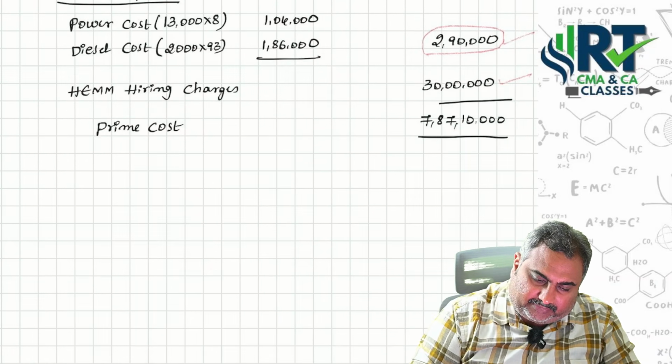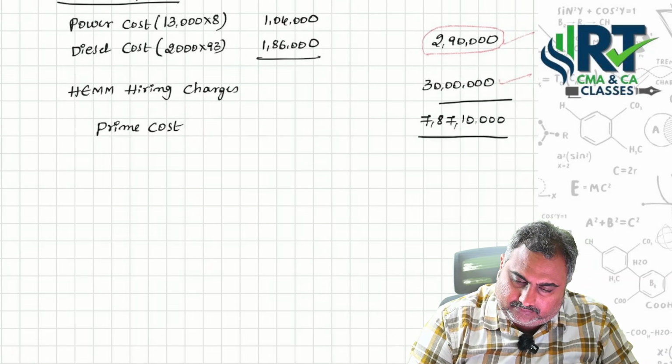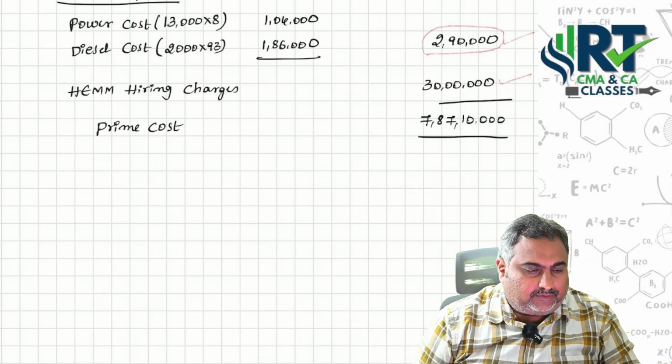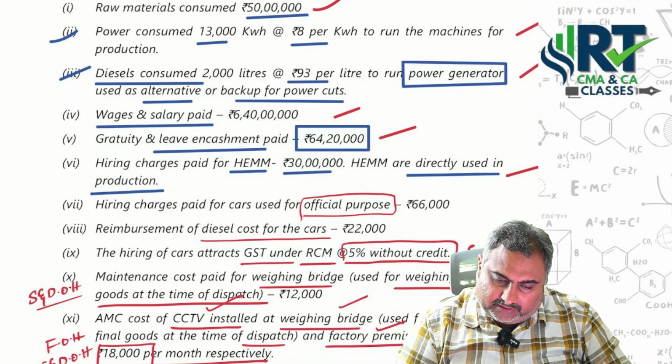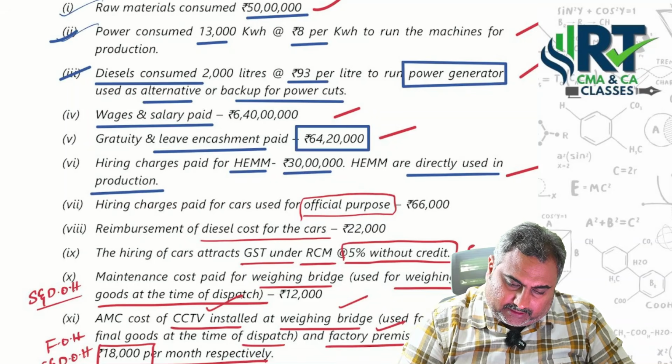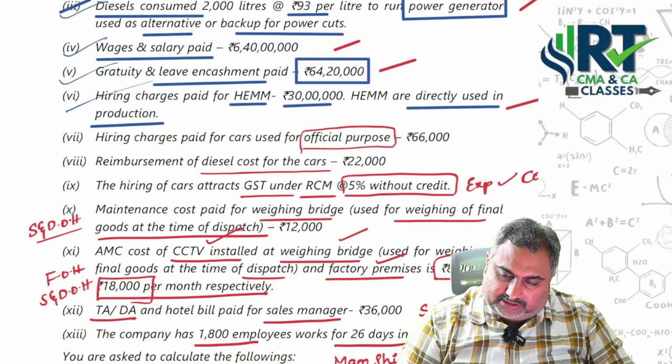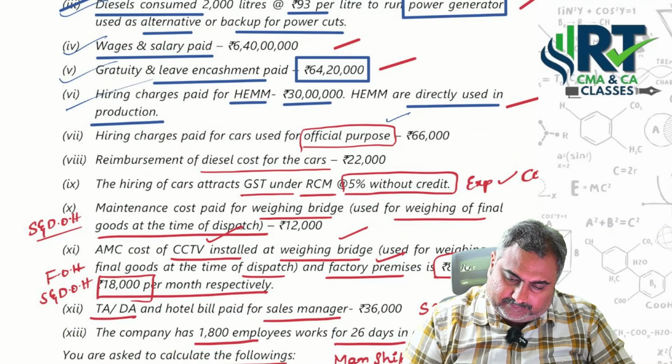Immediately our next step is to find out the particular things. If you check the question once, we're done with this part, this part, this part, this part, this part, this part. This is for office purposes. This is from the reimbursement point of view.